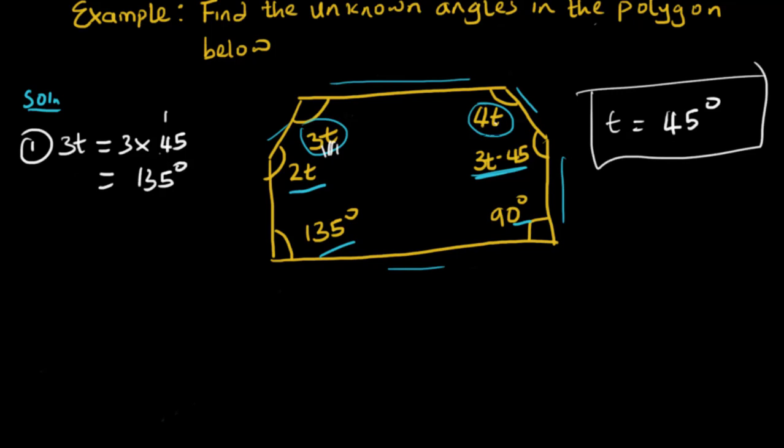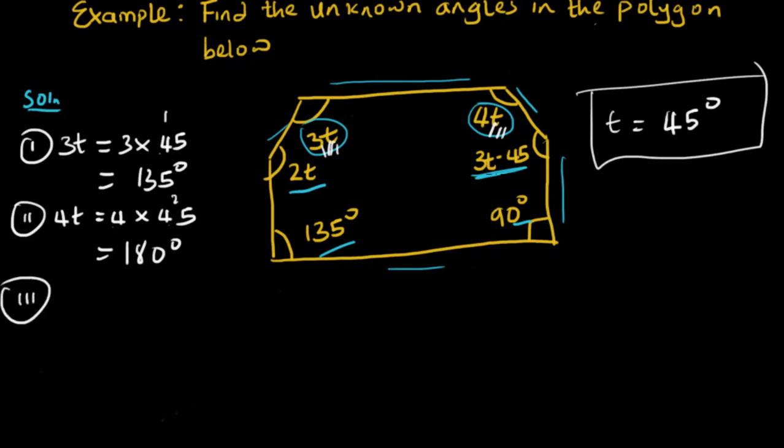So that is 135 degrees. The next angle is 4t, which equals 4 times 45. 4 times 5 is 20, 0 carry 2. 4 times 4 is 16, 16 plus 2 is 18. So 180 degrees.